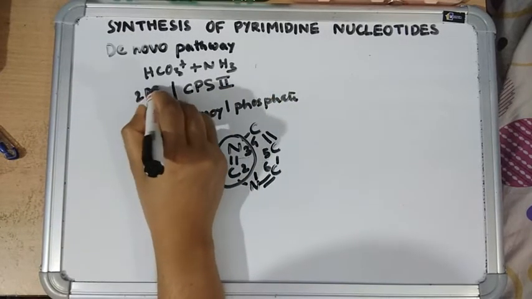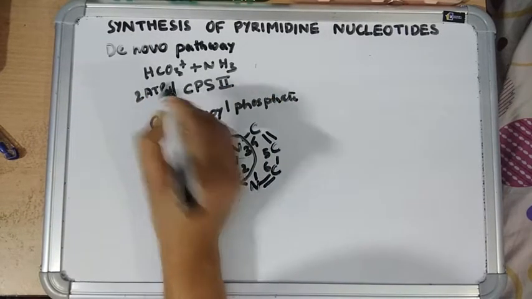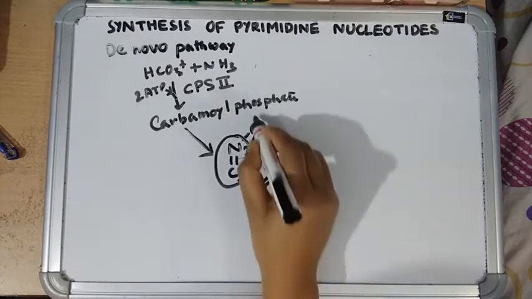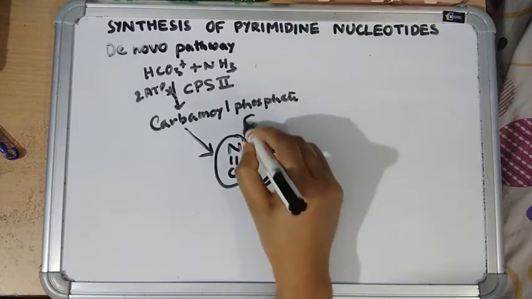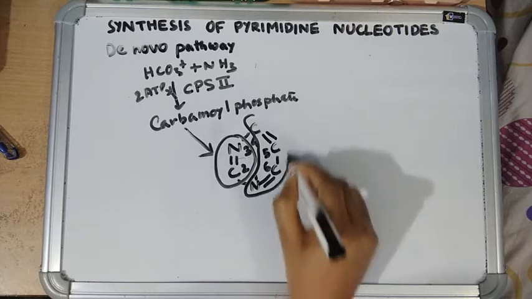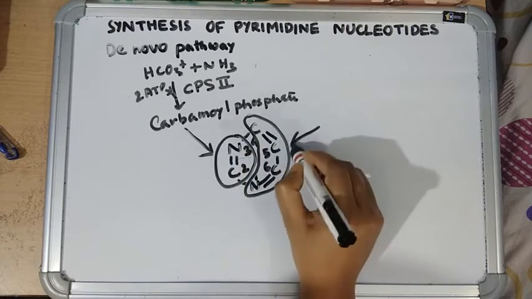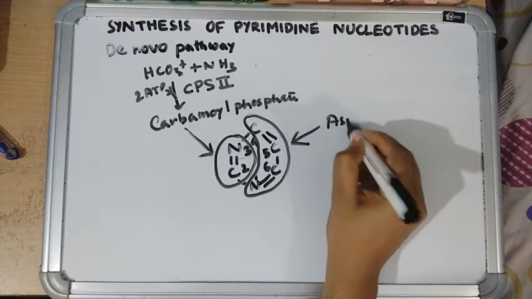Two molecules of ATP are required, and the rest of the atoms come from aspartate.